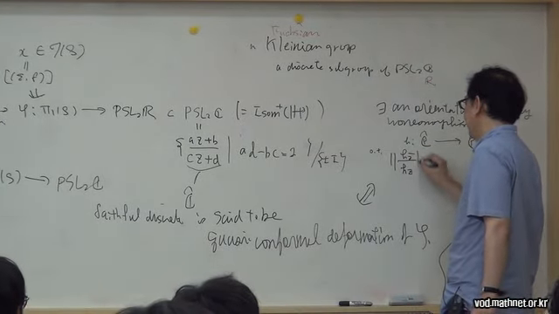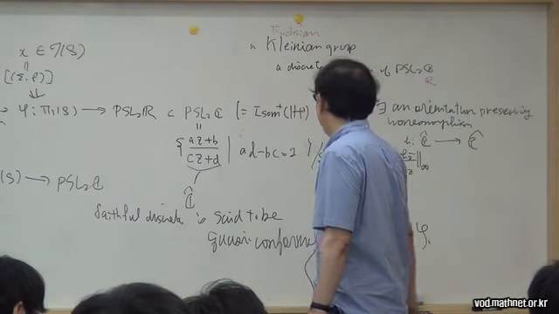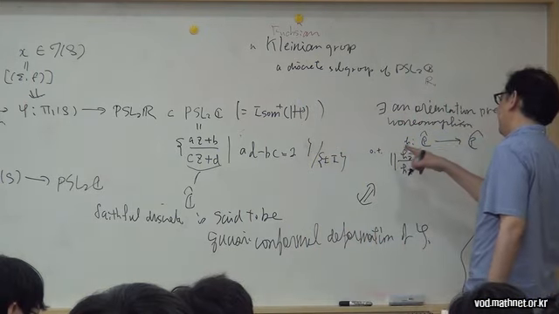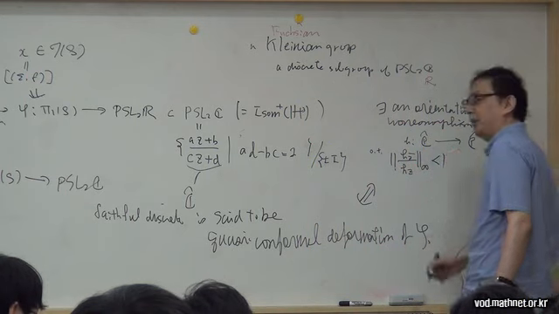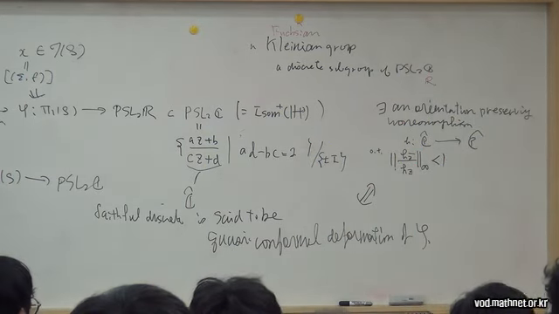That is, the dilatation is finite, or equivalently, the essential norm of the Beltrami differential is less than 1.